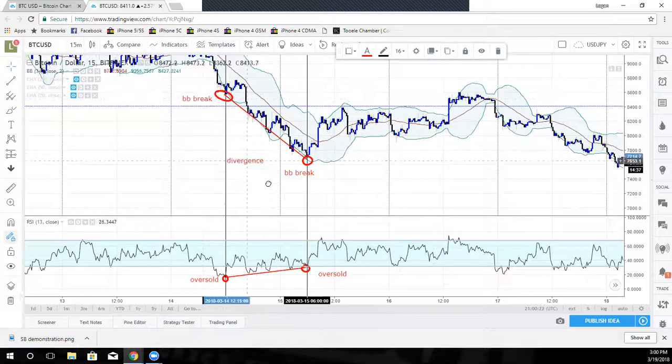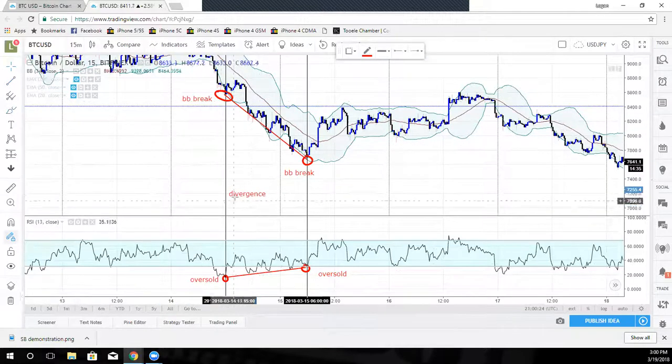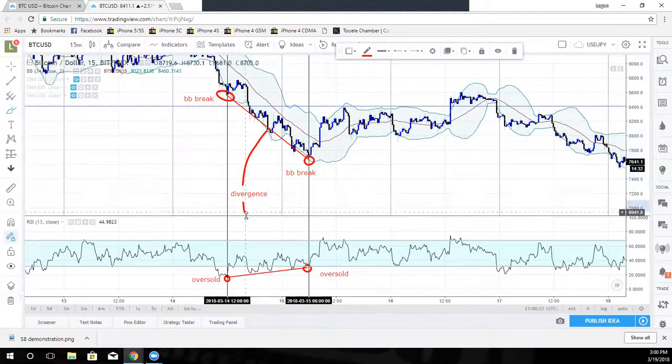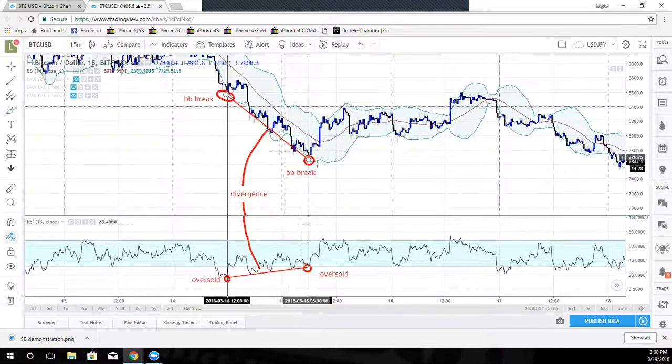So there we go. We have all of our confirmations met. We have our divergence. We have the Bollinger Band breaks. And it's oversold on both of those Bollinger Band breaks. Look at that perfect snapback setup right here.